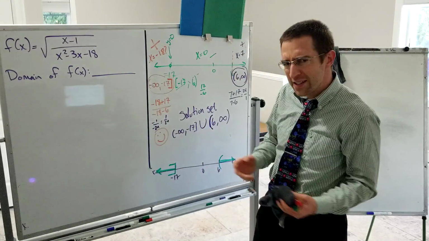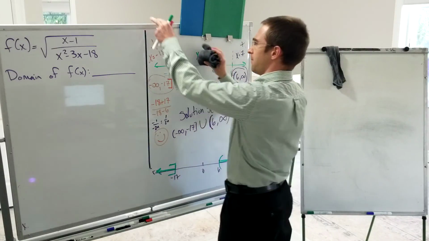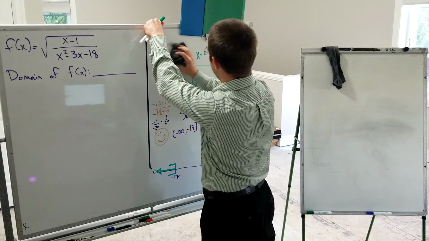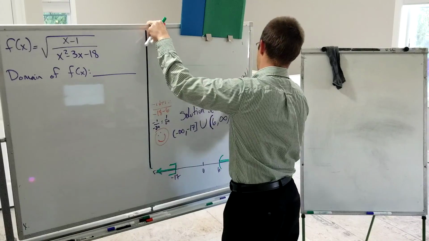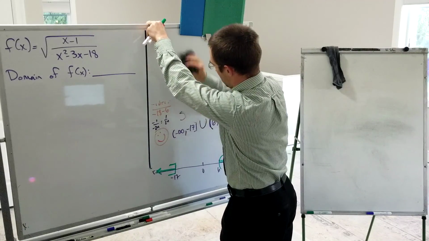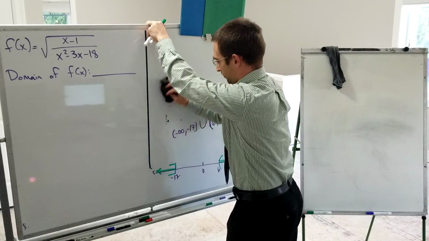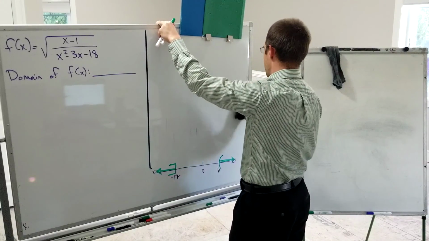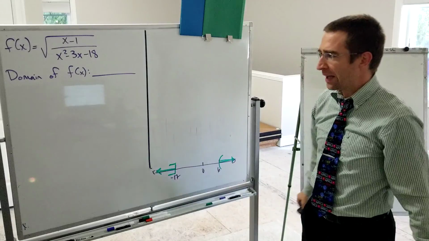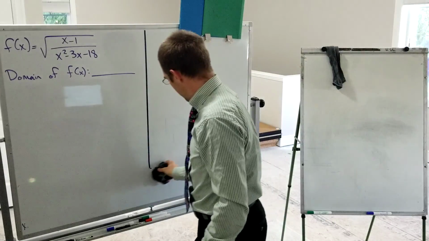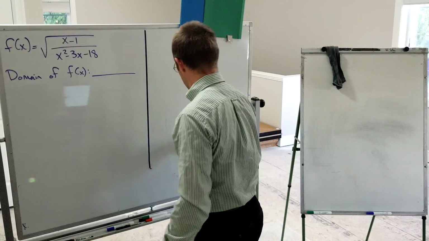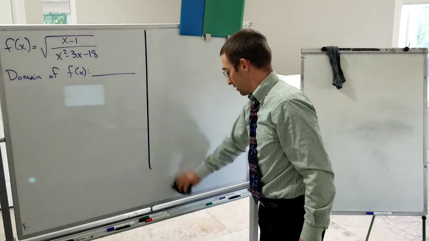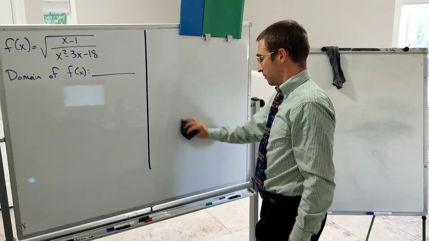Let's think, what would be a good first step there? What should we be doing? Well, for the domain, if it's a square root we need whatever's inside the square root to be greater than or equal to 0.